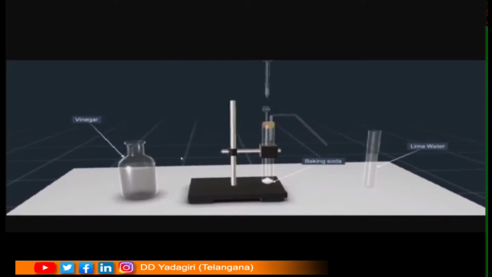Now, what are the general acids and bases found in our homes? Generally, we will find natural acids in our house. Therefore, let us see a small video about our natural acids and bases. Vinegar is nothing but acetic acid, it is present in our house, and another carbonate salt is baking soda, sodium bicarbonate.